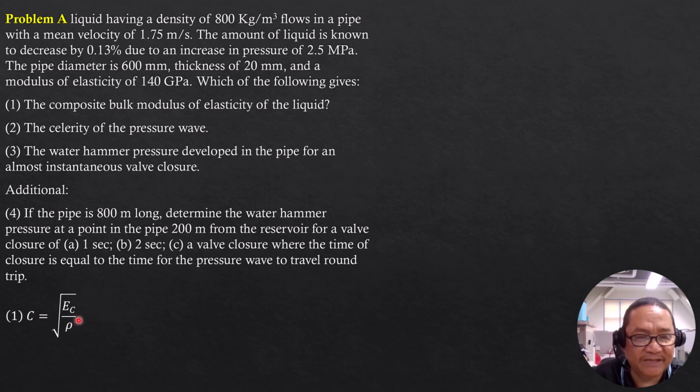E sub C, on the other hand, is equal to the bulk modulus of elasticity of the flowing fluid, E sub B, divided by 1 plus the diameter of the pipe times the bulk modulus of elasticity of the fluid divided by the modulus of elasticity of the pipe times the thickness of the pipe wall.